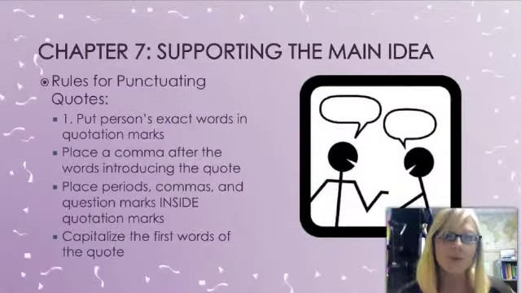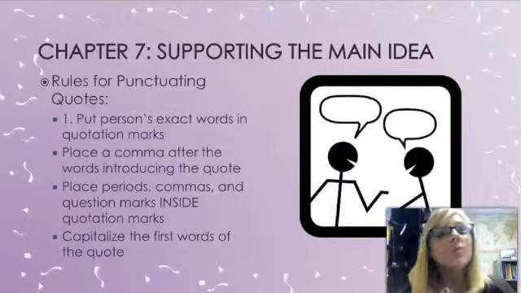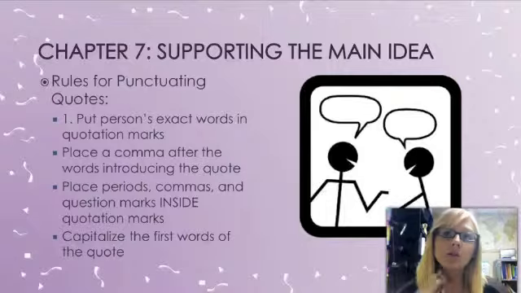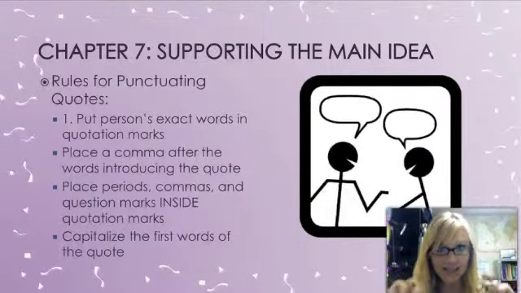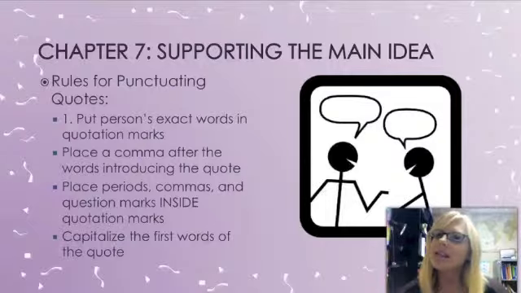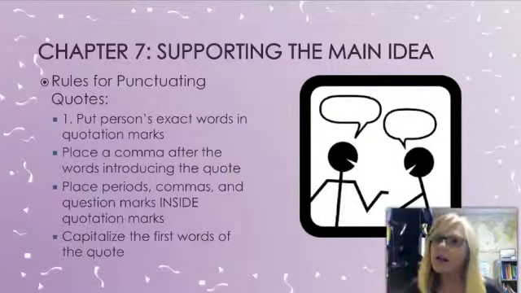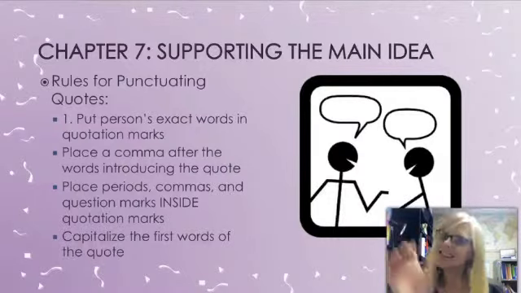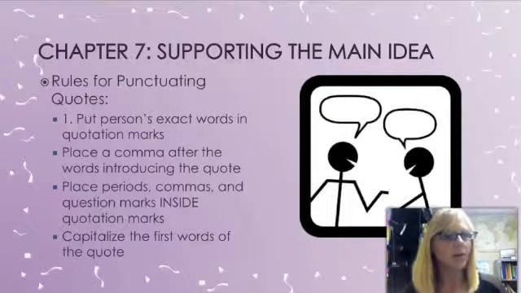Okay, the last thing that we discussed were quotations. Quotations have some rules when it comes to punctuating them. So remember to put those person's exact words in quotation marks. Also remember to place a comma between the introductory phrase where you say according to or so-and-so says. Place a comma after that to introduce that quote.